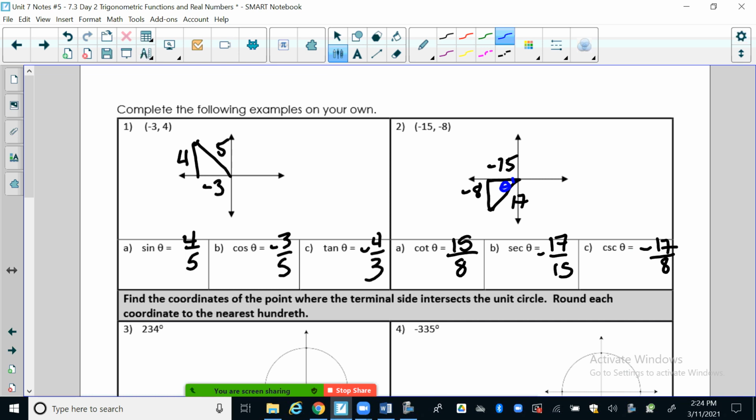You're using the complement of the reference angle, which will change your sine and cosine values. That was a great question. You have to make your triangle with the x-axis. Anything else?